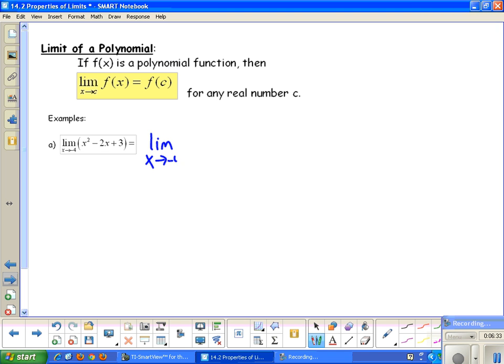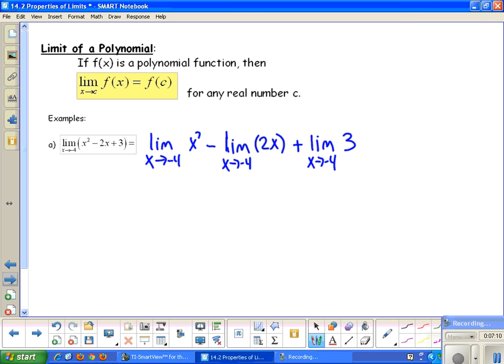So the limit as x approaches -4 of x squared, minus the limit as x approaches -4 of 2x, plus the limit as x approaches -4 of the value 3.